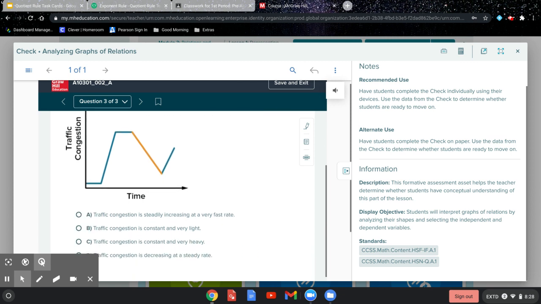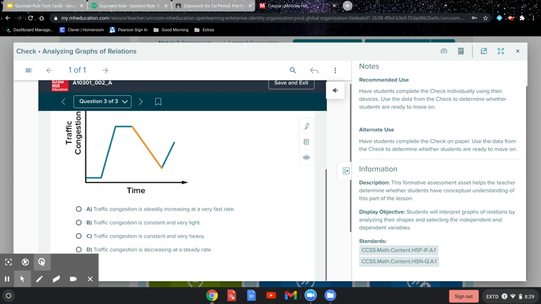We have A, traffic congestion is steadily increasing at a very fast rate. B, traffic congestion is constant and very light. C, traffic congestion is constant and very heavy. And D, traffic congestion is decreasing at a steady rate.